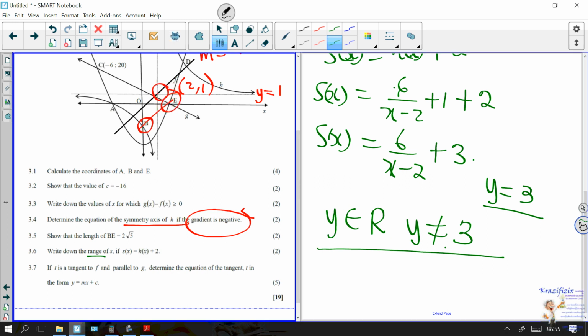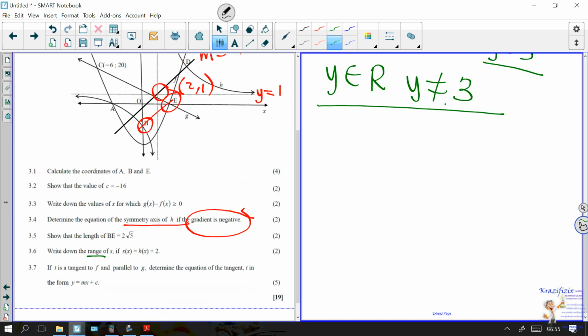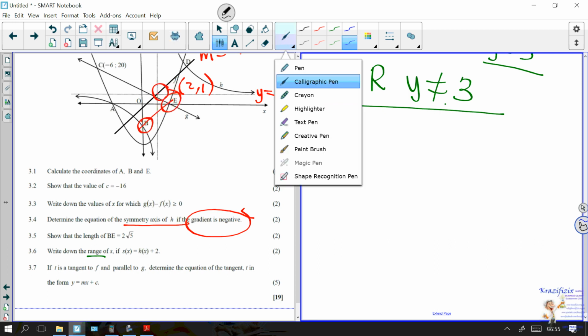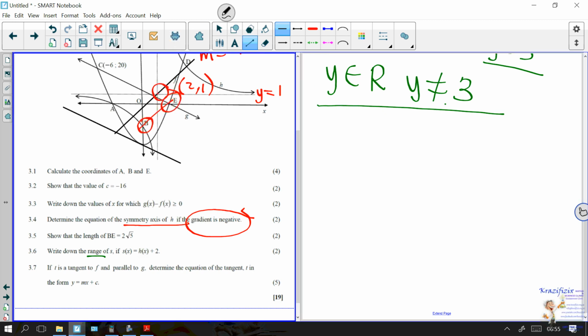3.7. If T, this is the last question for this session, if T is a tangent to F and parallel to G, okay, let's see if I can get a straight line tangent. It's parallel to G. Okay, there.